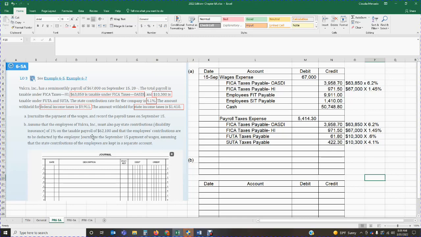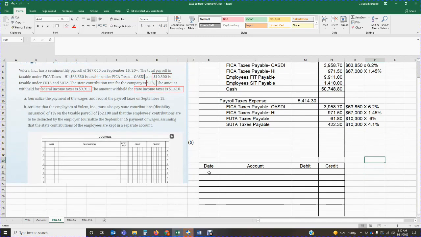Now for requirement B, it says that assume that the employees of Volcra must also pay state contributions, disability insurance of 1% on the taxable payroll of $62,100, and that the employee's contributions are to be deducted by the employer, which is what they are supposed to do. Journalize the September 15th payment of wages, assuming that the state contributions of the employees are kept in a separate account.